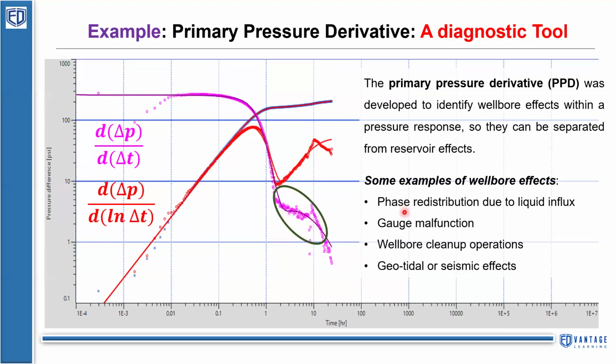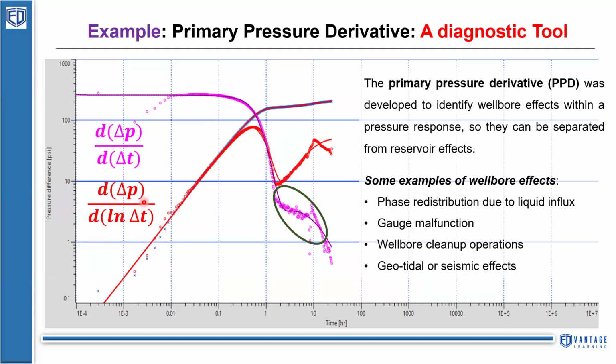Examples of that wellbore effect could be the redistribution of phase due to liquid influx, maybe some leaking from reservoir to wellbore during shut-in period, there could be gauge malfunction, there may be some wellbore cleanup operation required, or there could be some seismic effect due to some overburden or underburden, whatever it is.